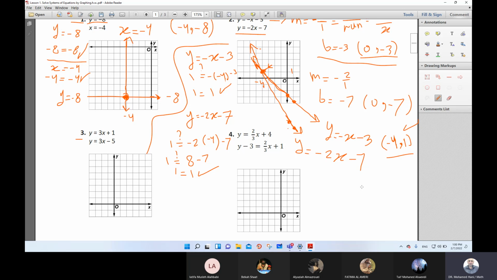So as you see here, the first equation, the slope will be 3, which means 3 over 1. And the y-intercept will be 1. So we can write this point (0, 1).